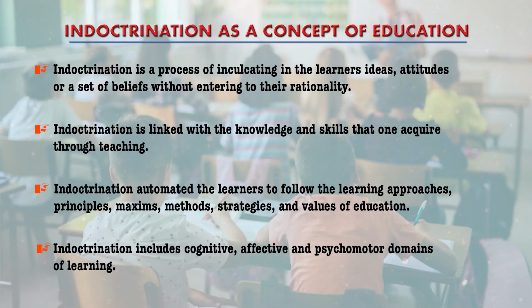Then indoctrination includes cognitive, affective and psychomotor domain of knowledge. Friends, when I was talking about training, it was just including only the skill aspect, only the psychomotor domain. But when I talk about indoctrination, it includes cognitive development, affective development and psychomotor development of the child. Cognitive development means development of the intellectual abilities, knowledge, understanding, application, analysis, synthesis, abilities of the child. And affective domain, that includes the development of the feeling aspect, development of the attitude, development of the heart, okay.